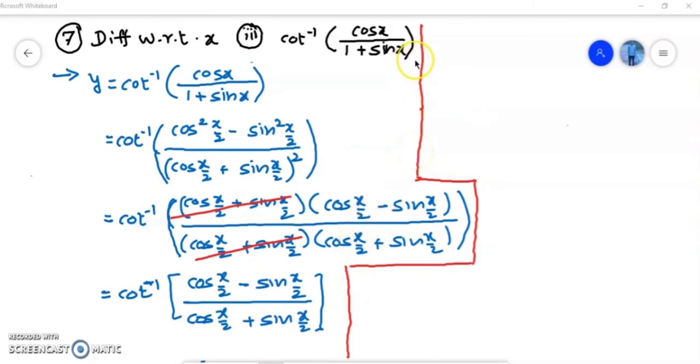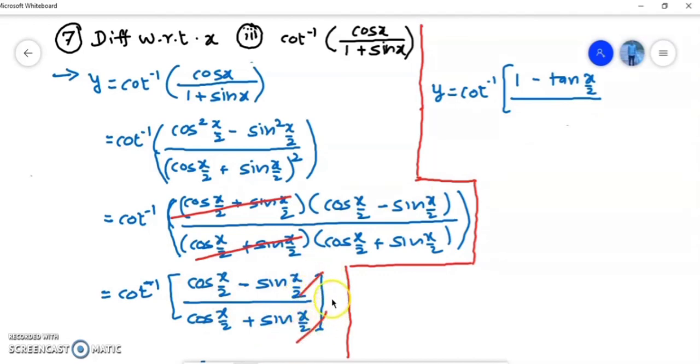So what will you get? y is equal to cot inverse of, imagine that you are dividing this and this by cos x by 2. So cos x by 2 upon cos x by 2 is 1, minus sin x by 2 upon cos x by 2 is tan x by 2, divided by, we are dividing numerator and denominator by cos x by 2.